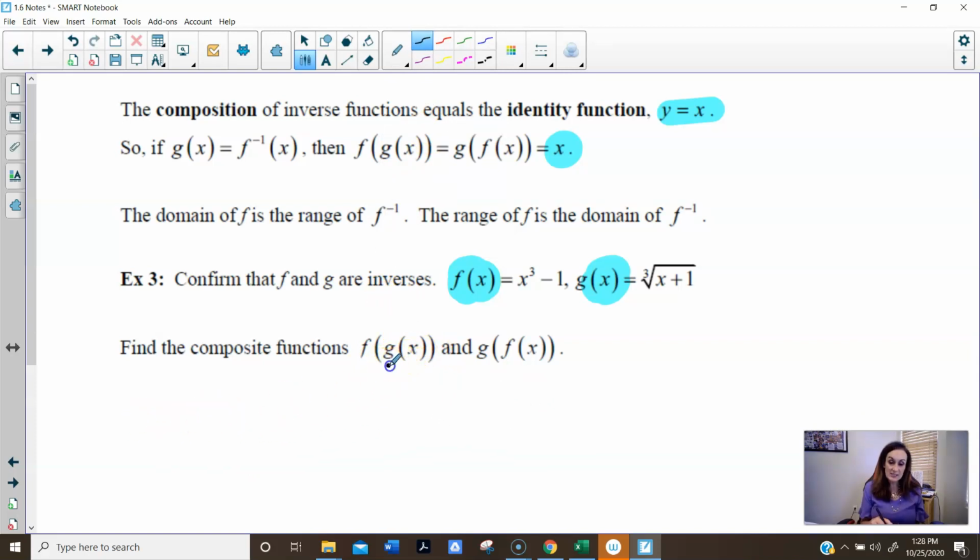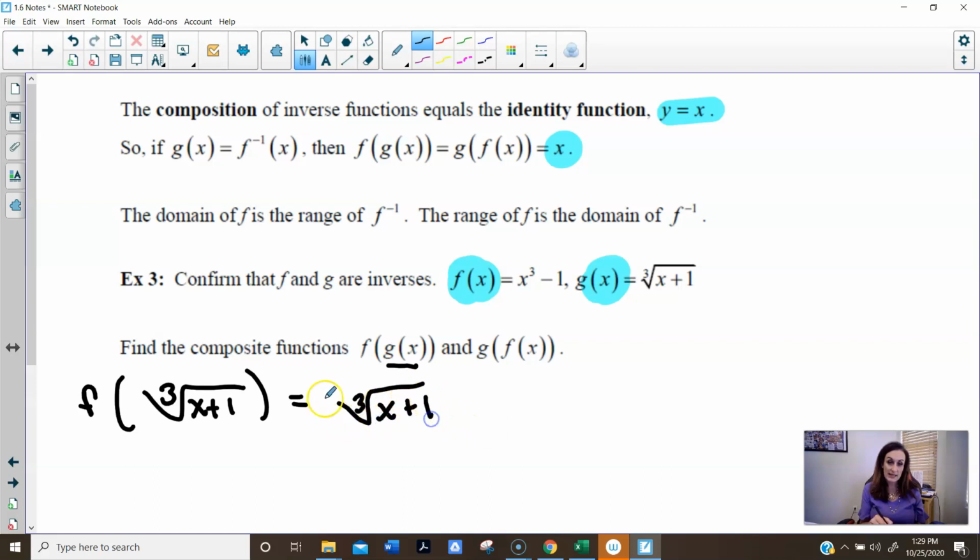So I like to start with g of x. G of x is the cubed root of x plus 1. And we're going to put that into function f of x. So now, if I have f of the cubed root of x plus 1, I would come up to function f, and where I see x, I'm going to put in the cubed root of x plus 1.